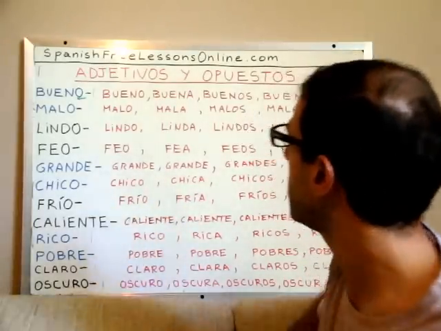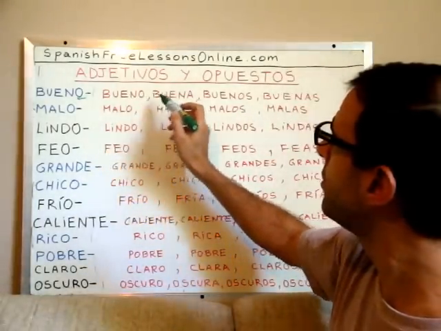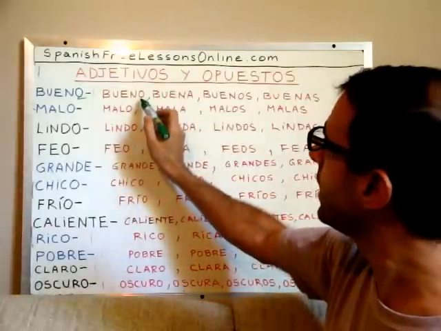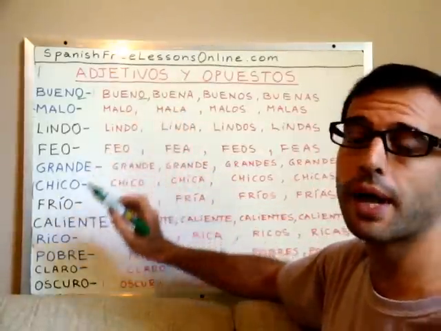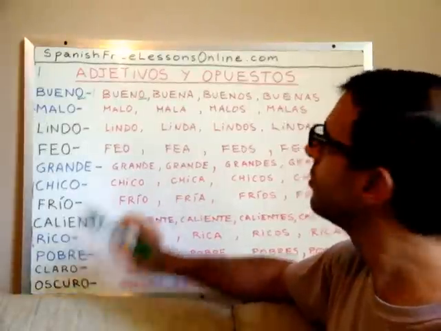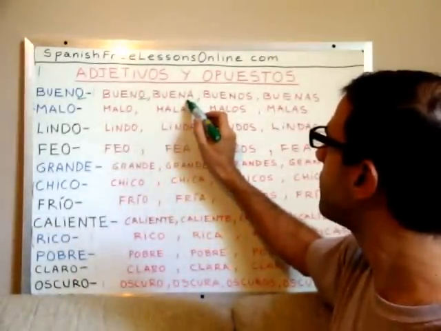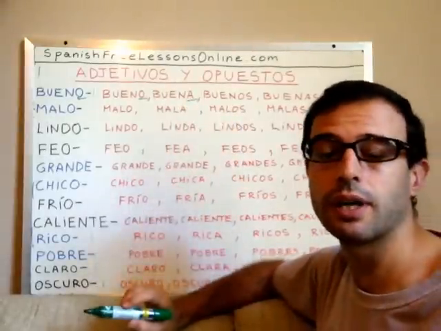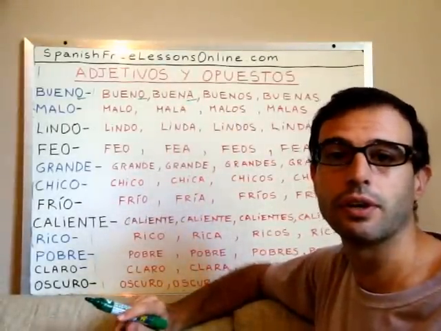And bueno can have these 4 different endings. Ending in O for a masculine singular noun, like niño. Ending in A for a feminine singular noun, like niña, or girl.